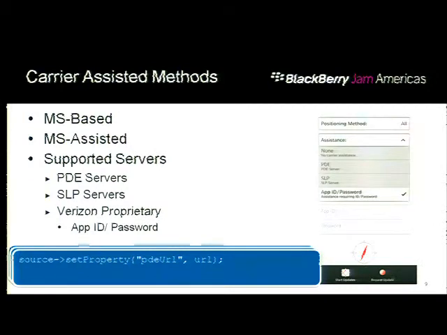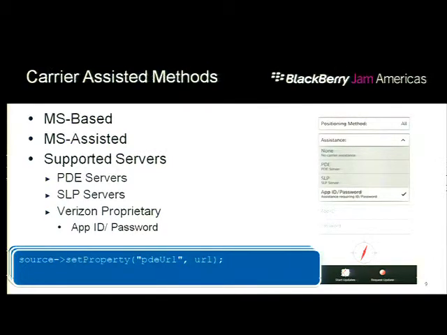There is a PDE server, mostly used by CDMA carriers. There's an SLP server, mostly used by GSM carriers. And there is Verizon, who only uses app ID and app password. However, Verizon uses a different mechanism.